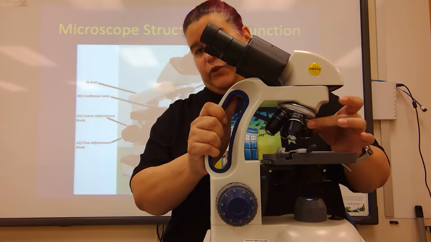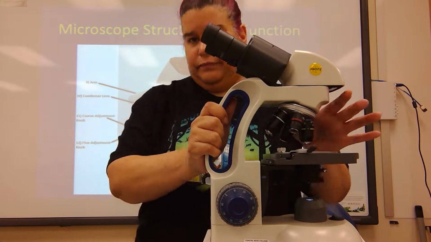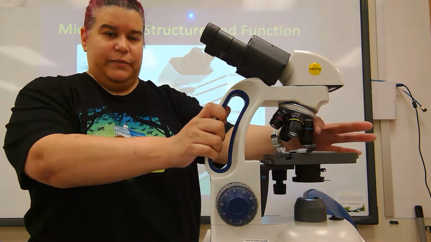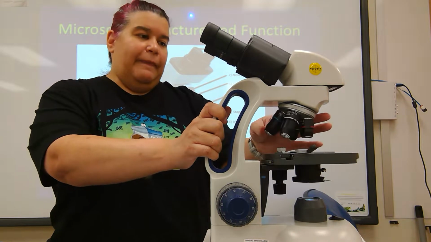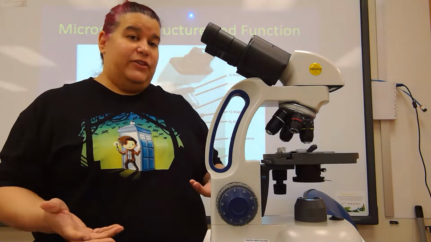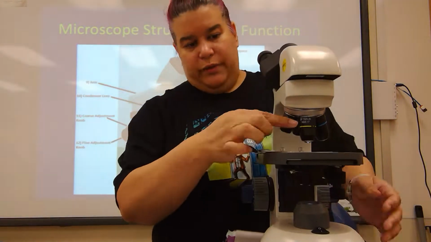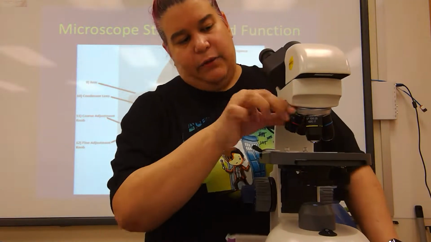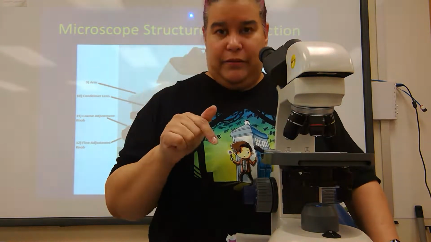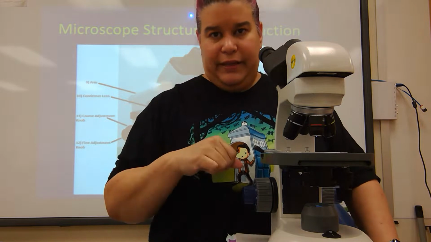Attached to the revolving nose piece are these things right here. You may not be able to see them with my black t-shirt. These are called objectives. And each one of these objectives is a different magnification. So the first one, the shortest one, is actually 4x. So it increases magnification 4 times what my naked eye can see.